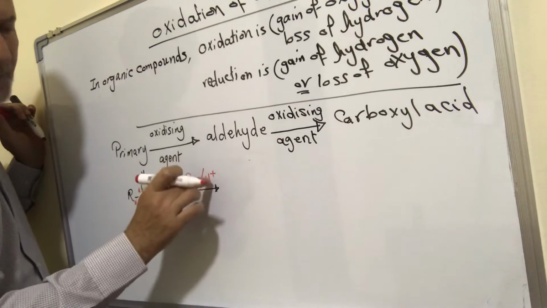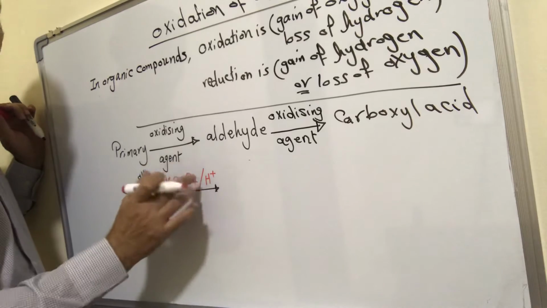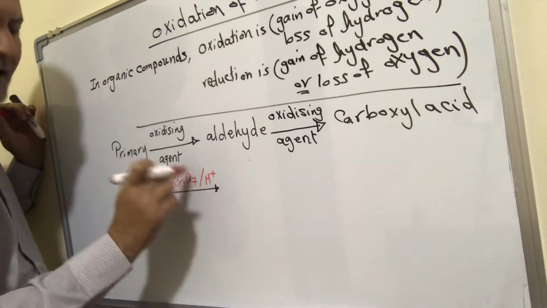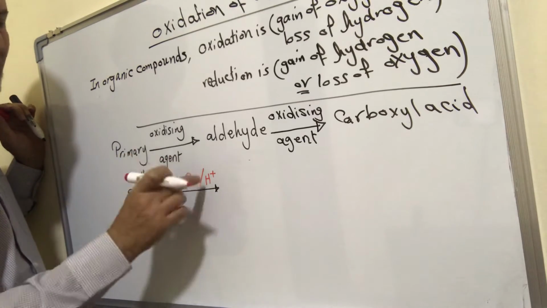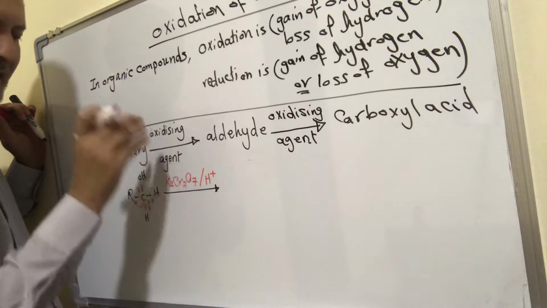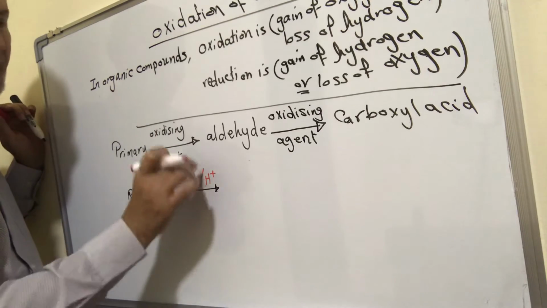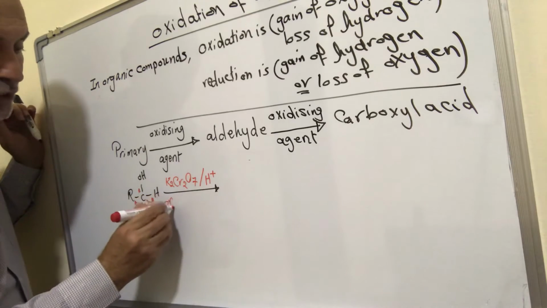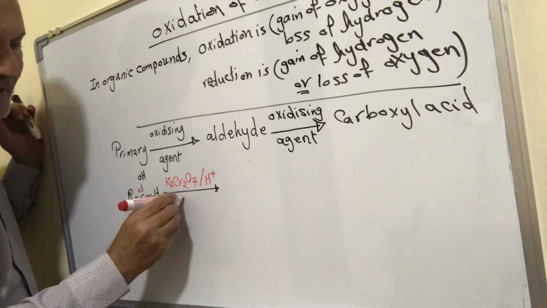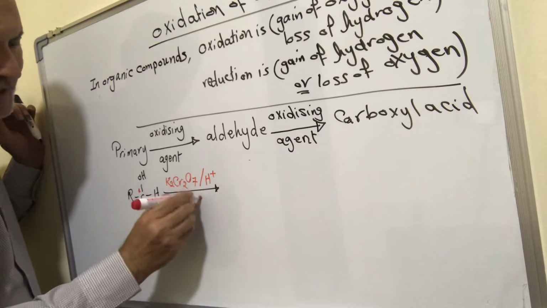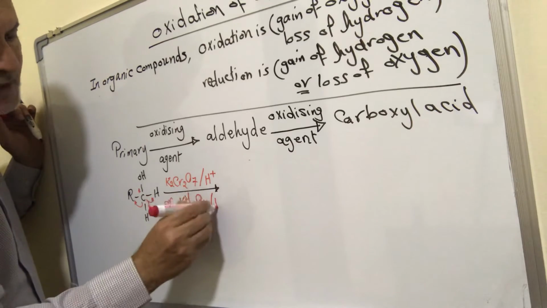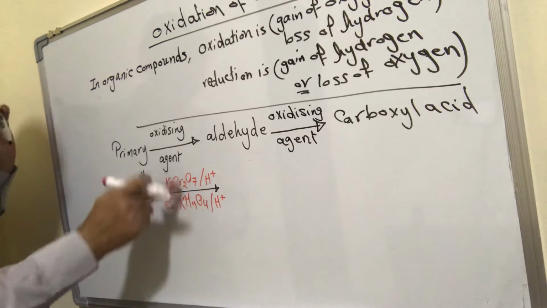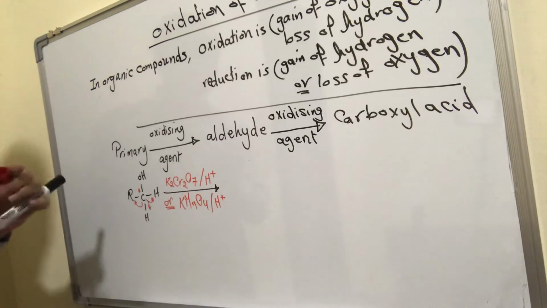This symbol, H plus, represents acid. So when you say acidified potassium dichromate, it means that the oxidizing agent is added to the reaction in the presence of a few drops of an acid. Or KMnO4, potassium permanganate, also in the presence of a few drops of acid. Not both of them, you should use one of them.